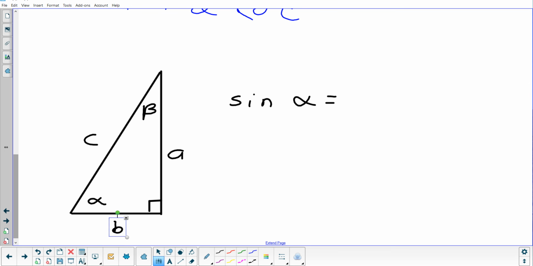So B would be opposite beta. A. Yeah, A. A is the one that's opposite from alpha. So opposite is A. And Haley said sine is opposite over hypotenuse. Justice, what's the hypotenuse? C. Alright. So when we do the sine of alpha, we get A divided by C.